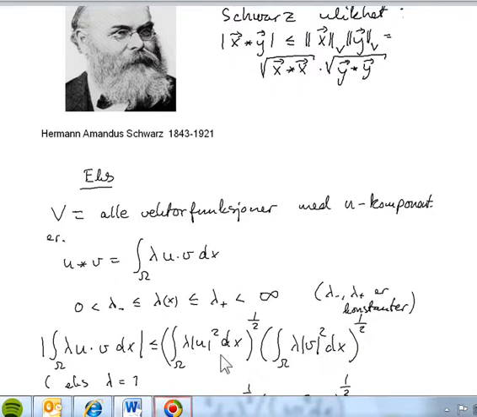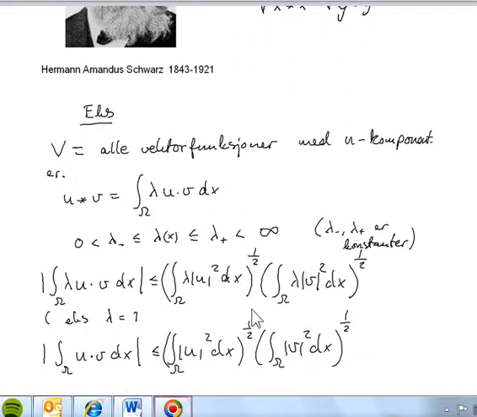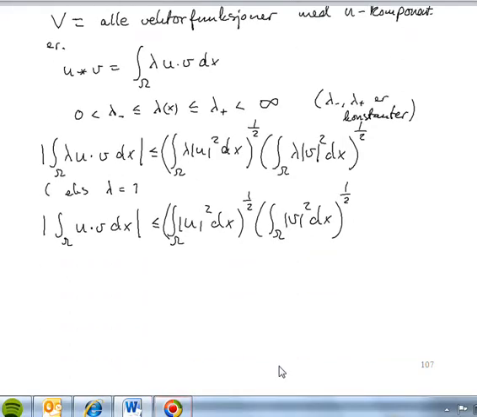So this is the Schwarz inequality in the case where the scalar product is defined in this way. It's rather easy to see that this inequality is the same as the Schwarz inequality. One example is when lambda is just the constant 1, then we obtain this inequality. We are going to use these inequalities later on.